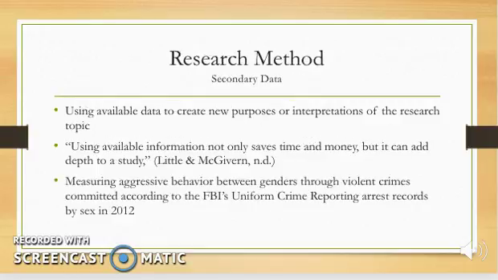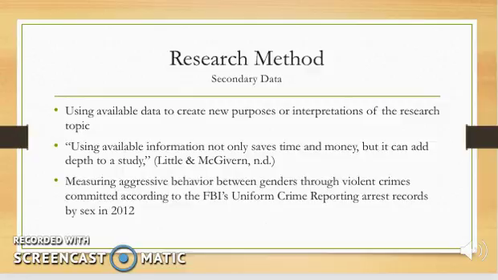For my research, I chose secondary data as my research method. Secondary data is using data that's already available in order to create a new purpose or interpretation on this topic.